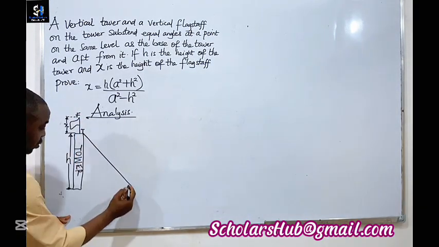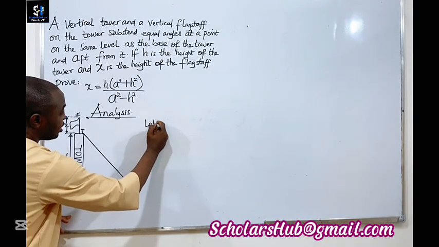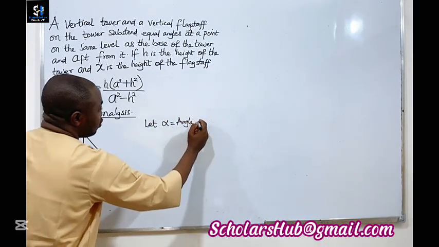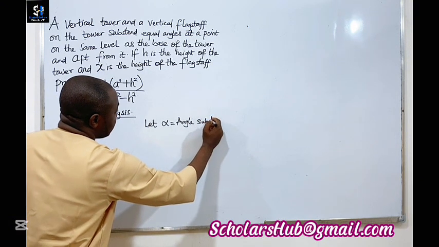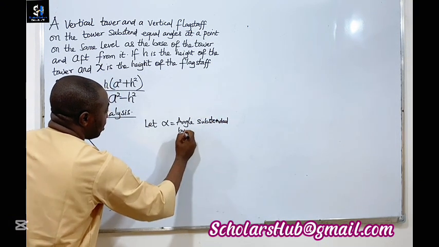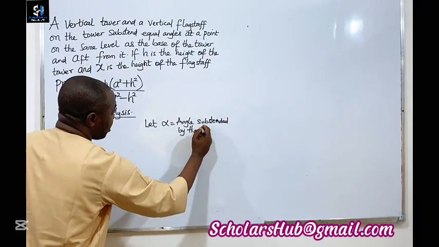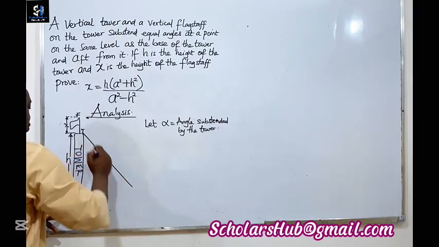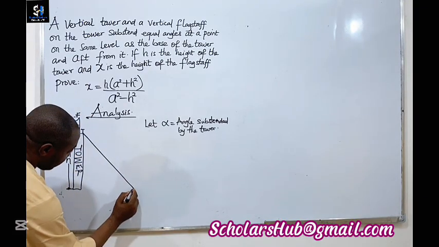All right, so now let alpha equal the angle subtended by the tower. Okay, so this is the point of observation.